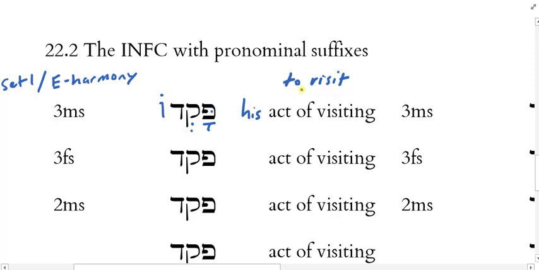You wouldn't say 'to he visit,' or 'he to visit,' or 'his to visit.' None of that sounds like good English. Better English: his act of visiting. Or you could put 'act of' in parentheses or just not say it: his visiting. But I just want to make it clear that visiting here is functioning as a noun, okay? His act of visiting or his visiting.